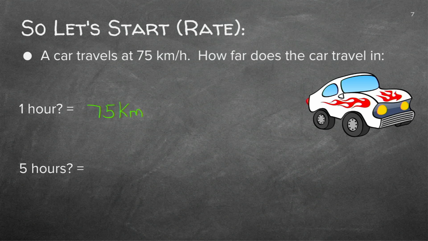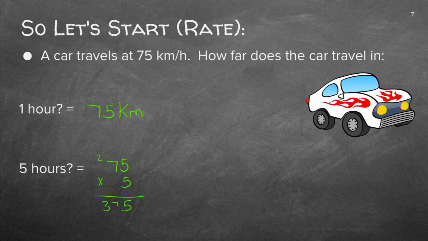The next one, they're asking 5 hours. So 1 hour equals to 75. So what will 5 hours be equal to? So then I go, 75 is for 1 hour, but I want 5 hours. So I times it with 5. And there we go.